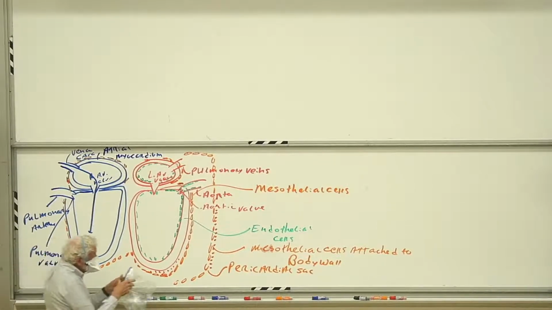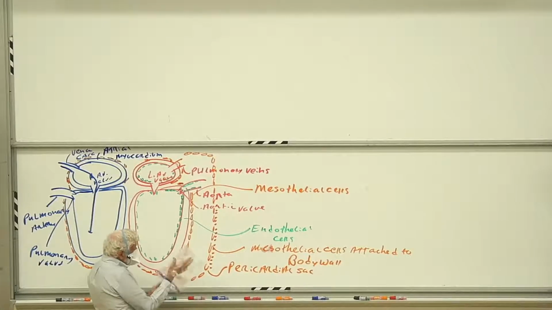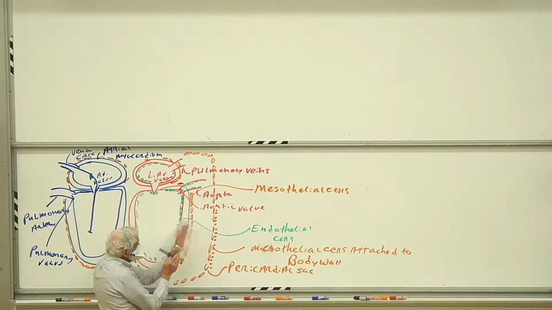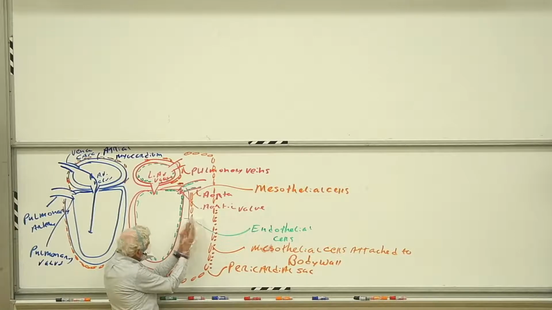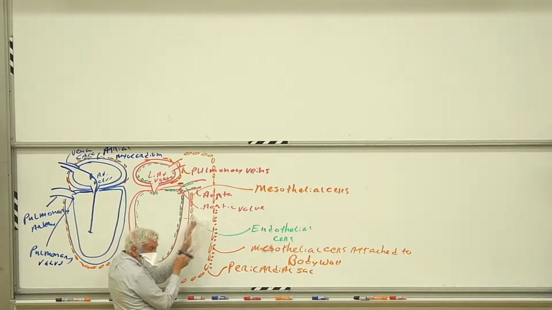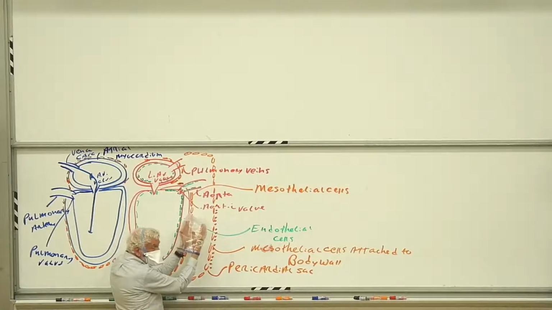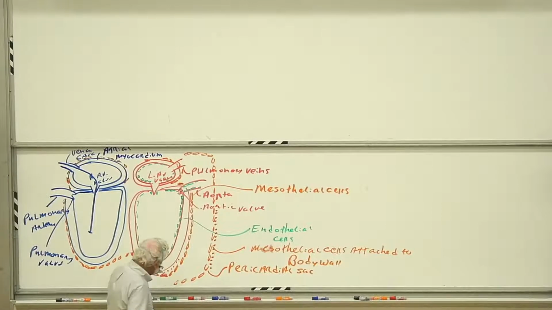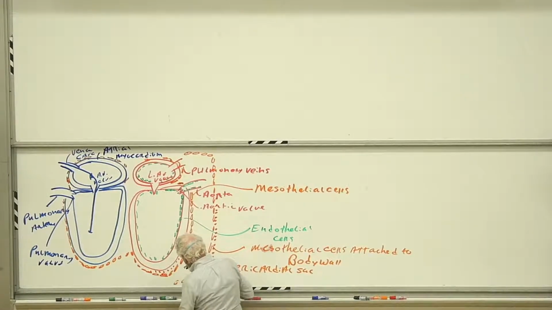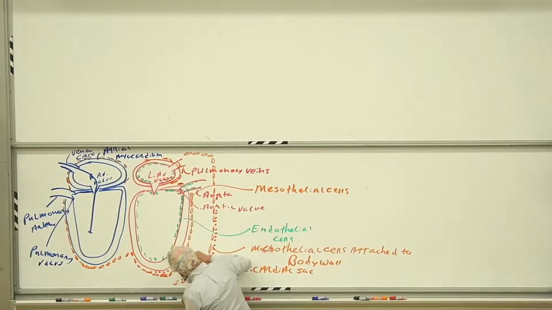And if we extend that analogy here, this side of the mesothelial cell layer is attached to the heart. This side is attached to the body wall, but there's a space in between. This is just like there's an open space in the plastic bag, there's an open space here. So this is a fluid-filled space.